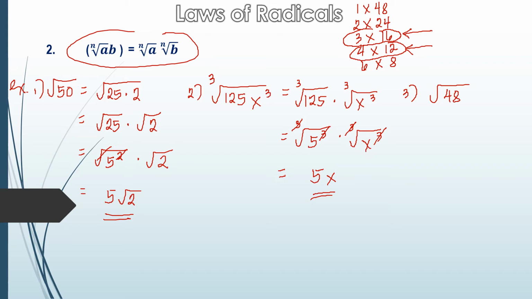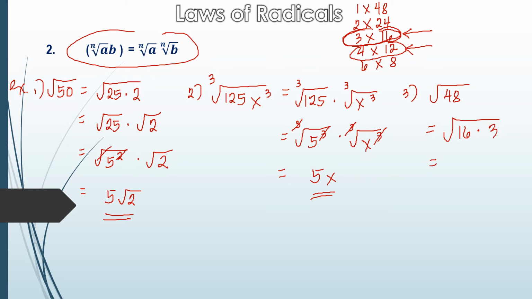Now, between the two, we choose the higher perfect square. Between 16 and 4, which is higher? 16. So, therefore, we will choose 16 times 3. So, 48 is equal to 16 times 3.